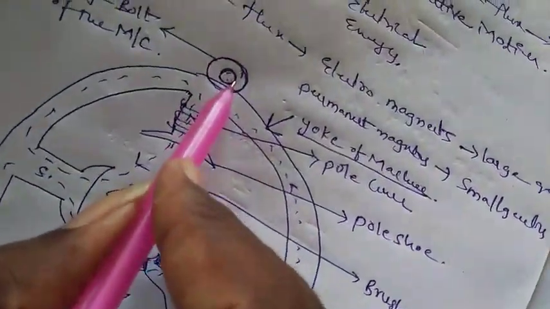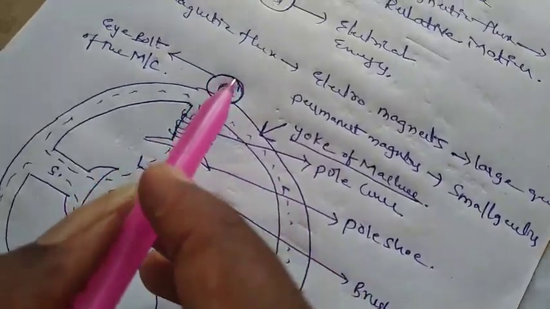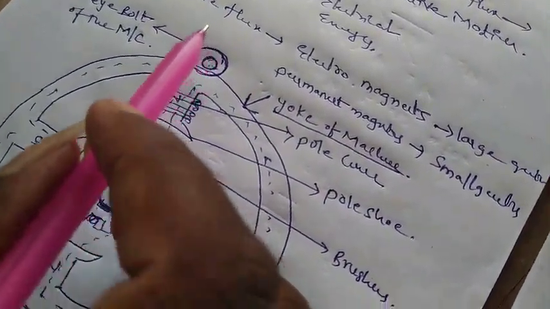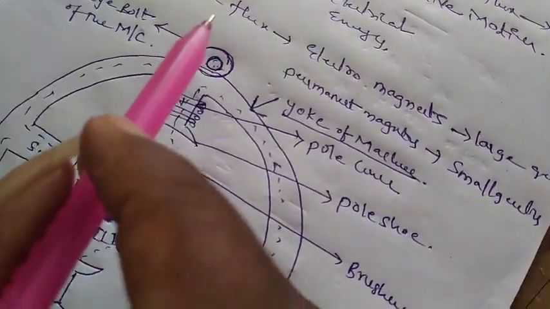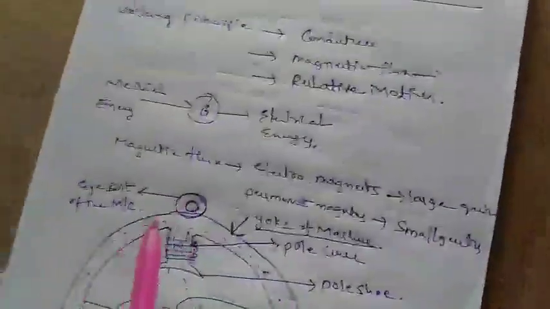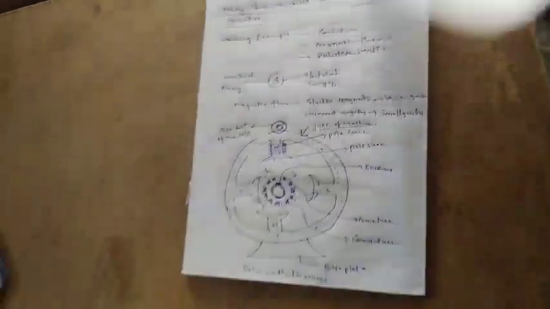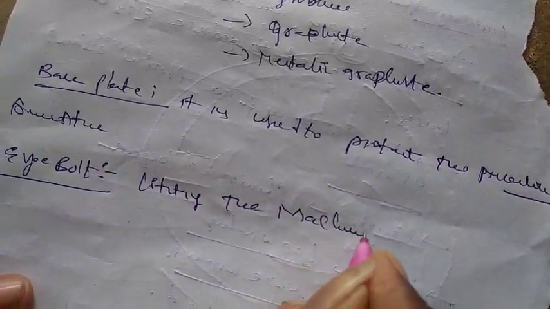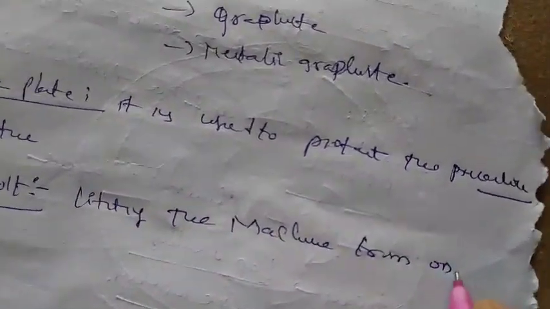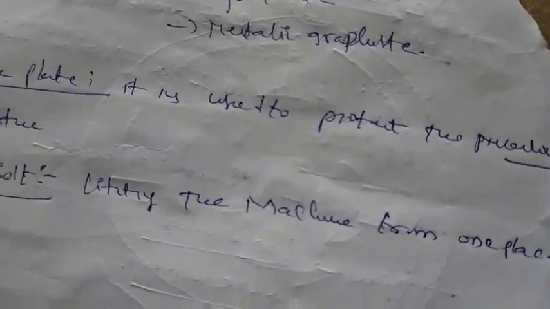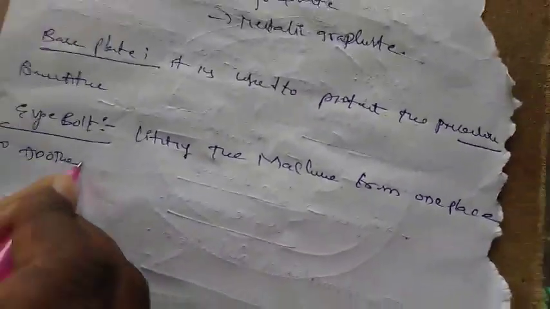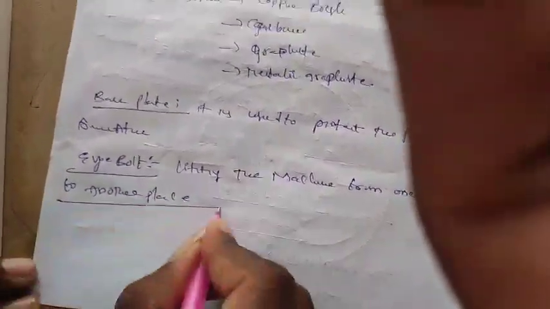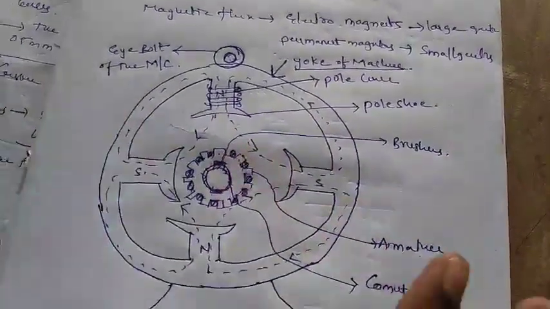The purpose of the eye bolt is lifting the machine from one place to another place. That was the construction of the DC generator.